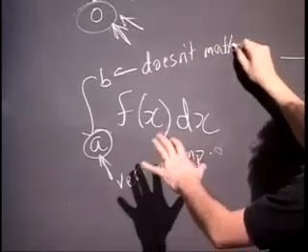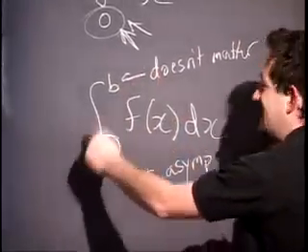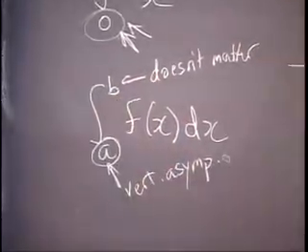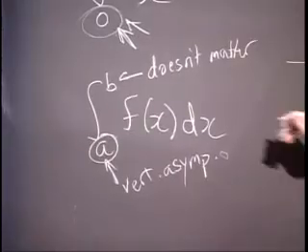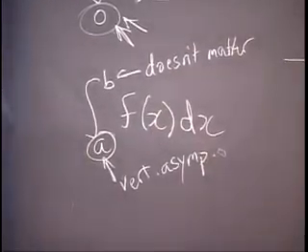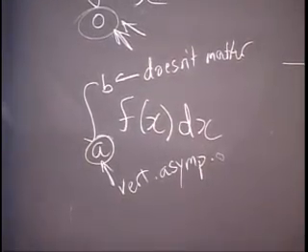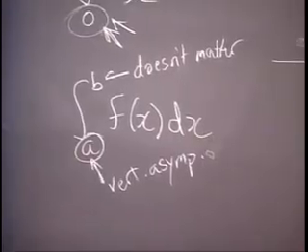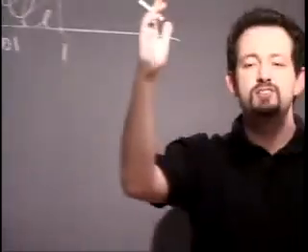If the original integral converged, then the new one will, and if the original integral diverged, the new one will diverge as well. The only exception is if you change b and increase it so much that you pick up another asymptote or something like that. That could be bad.